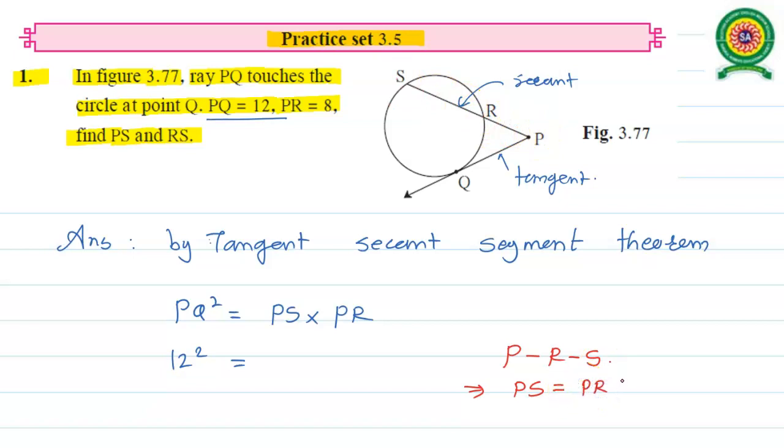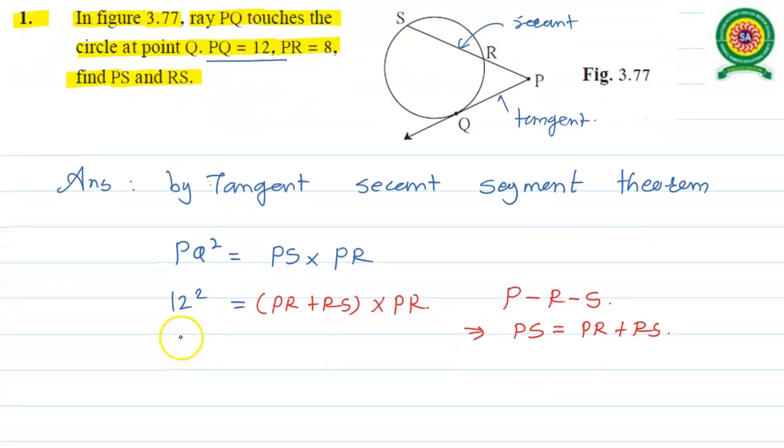So PS is nothing but PR plus RS, into PR as it is. Now replace PR by its value, 8. 12 square is 144, that equals 8 plus RS into 8.